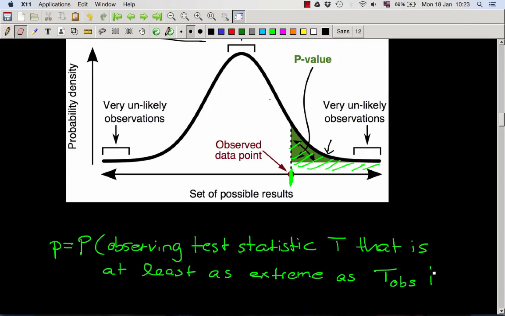And this is all under the condition that H0 is true. So it's the probability that we observe something that is as extreme as the number T_ops that we computed, or even more extreme. And if that probability is very small, we can safely reject H0. And if that number is high, like here, there is a lot of probability that you observe something that is as extreme or even more extreme than what we observed.